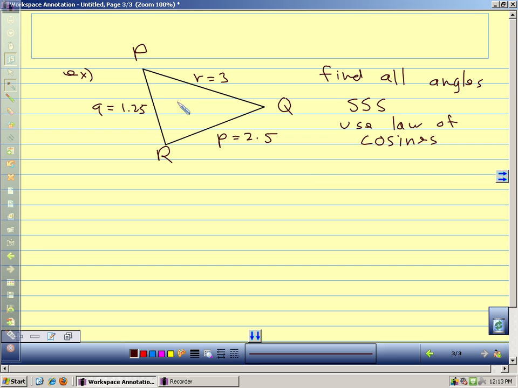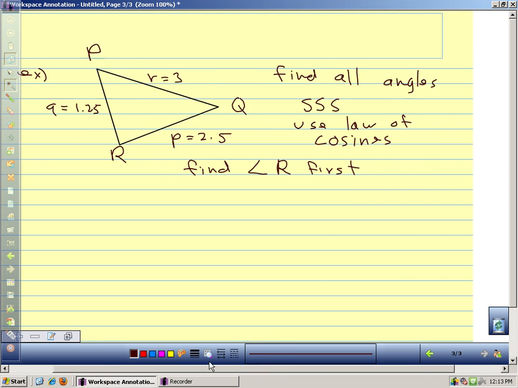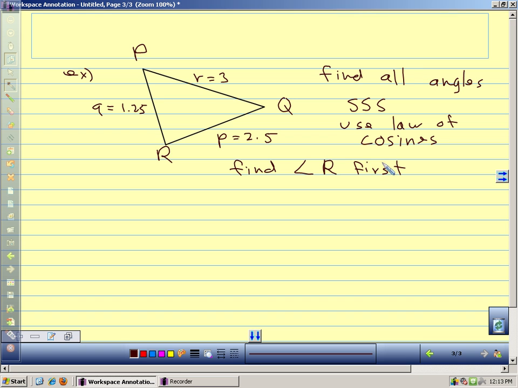And on this problem, I'm going to find angle R first. The reason I'm finding angle R first is side R is the longest side, so angle R is going to be the biggest angle.